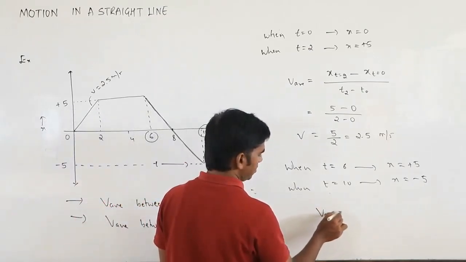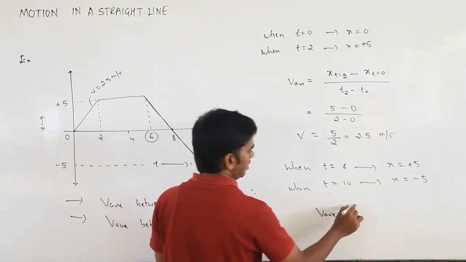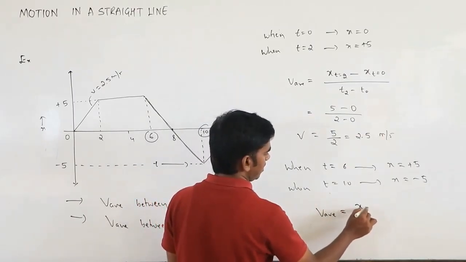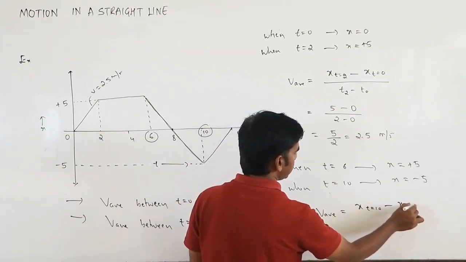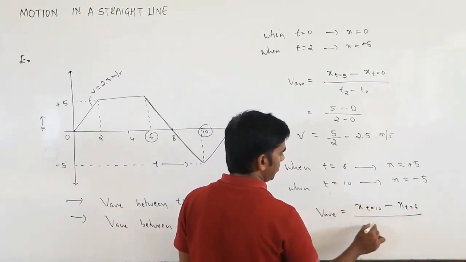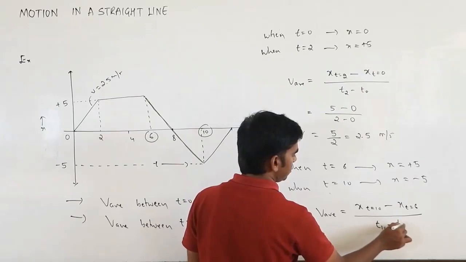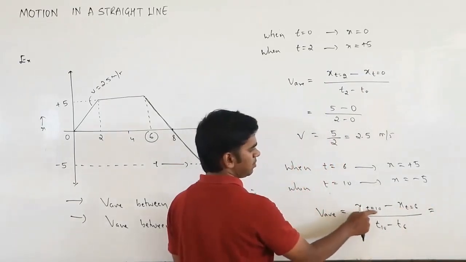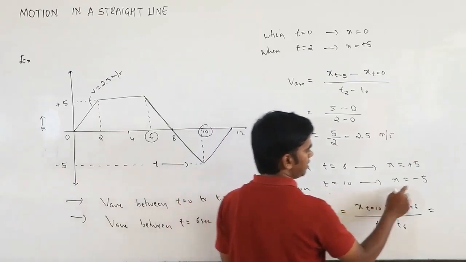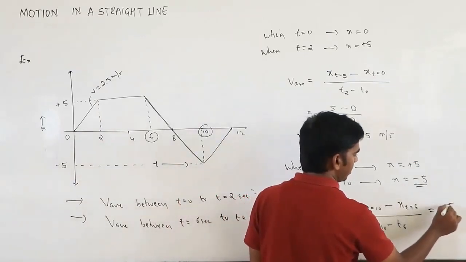V average is equal to x at t equals 10 minus x at t equals 6, divided by t10 minus t6. Okay, so what is the x at t equals 10? x at t equals 10 is minus 5. Remember, it is minus 5.